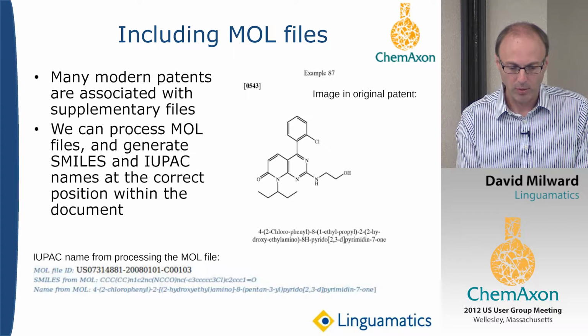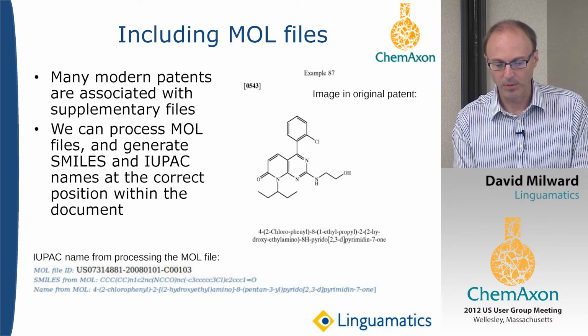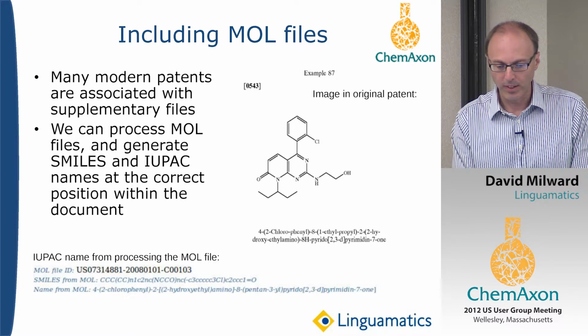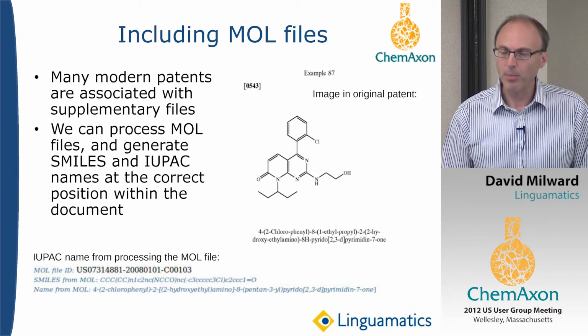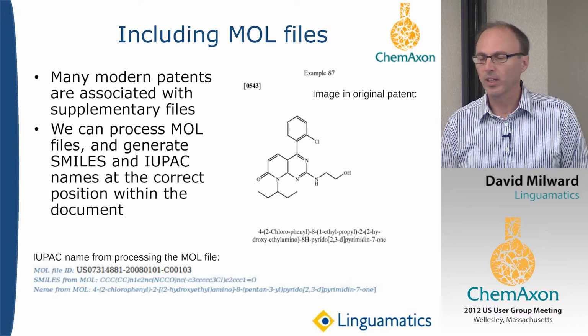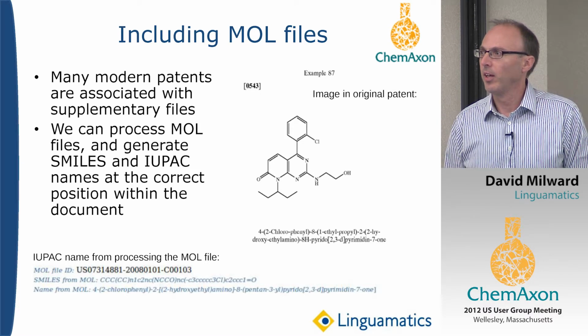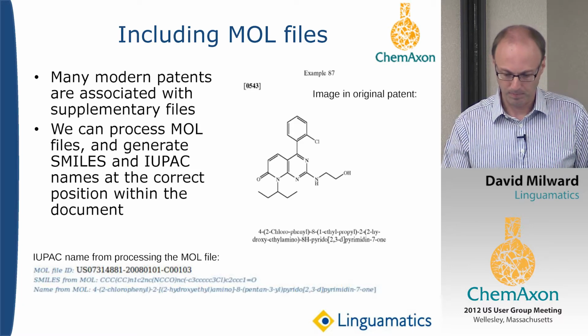So in this case, when you view the document, we're adding in extra information: what the MOL file ID was, what the SMILES was, and then we're generating a name from the MOL file. And that means we can similarly connect together information from our MOL files to particular information in proximity to those within the document.